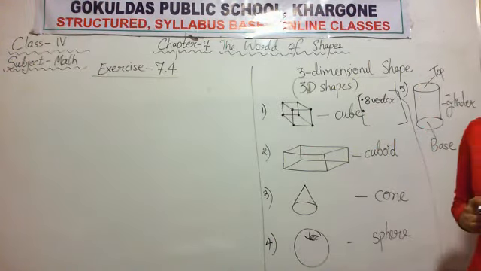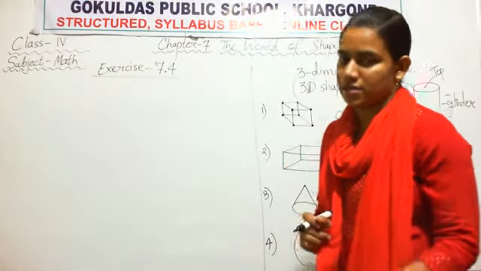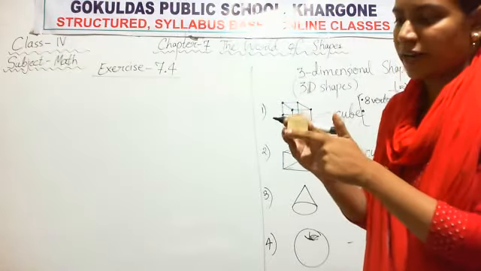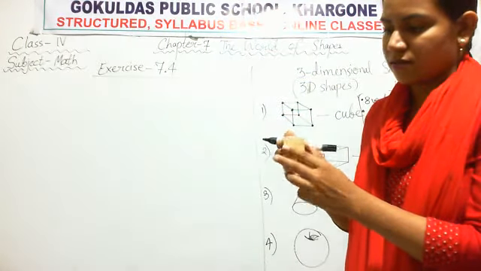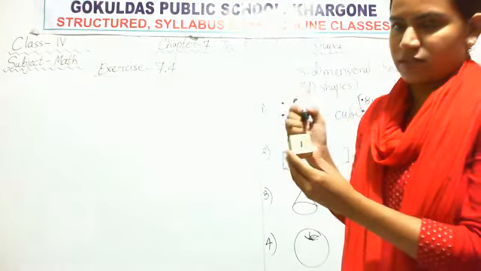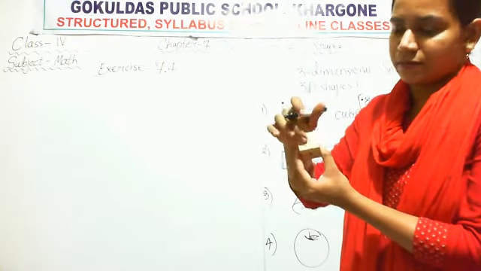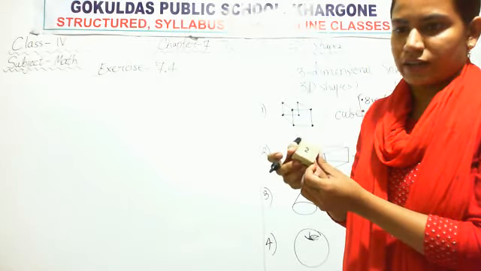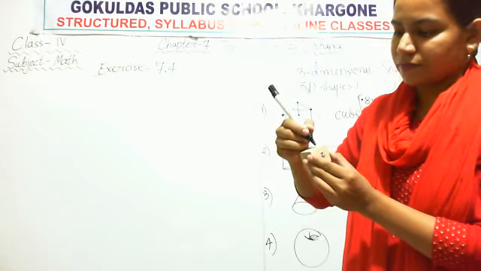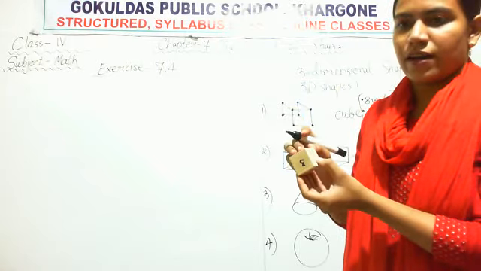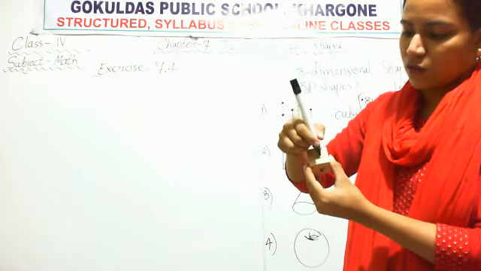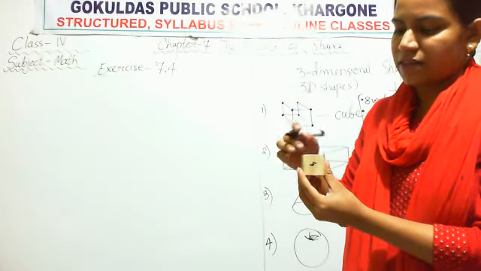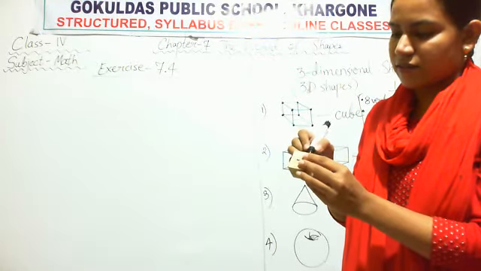Now let us count how many flat surfaces there are. So one face, one flat surface it has. I am writing 1 on it, okay? Then second flat surface, I am writing 2 on it. Then third flat surface, fourth, fifth and sixth.